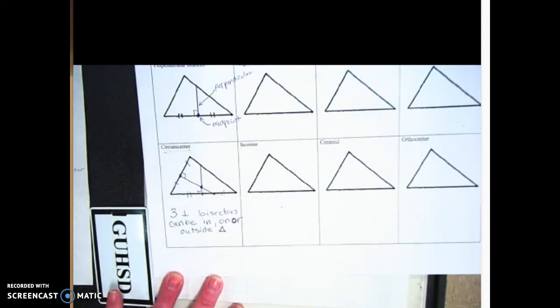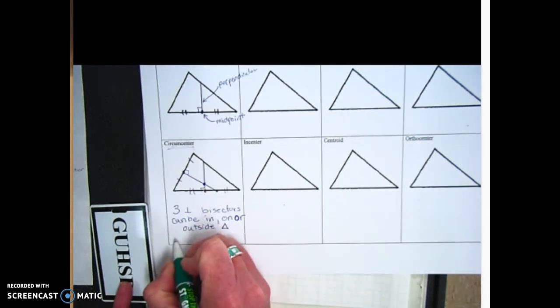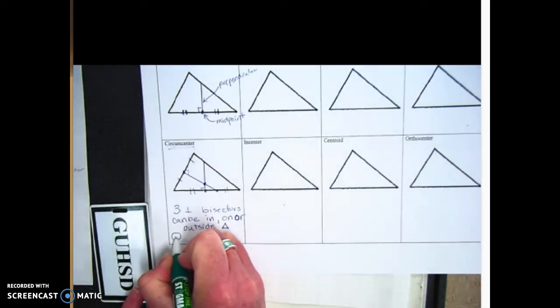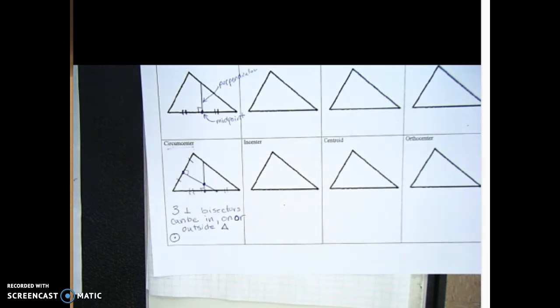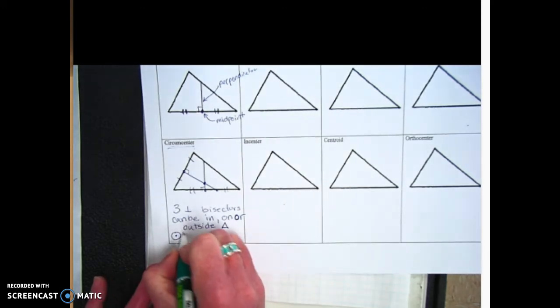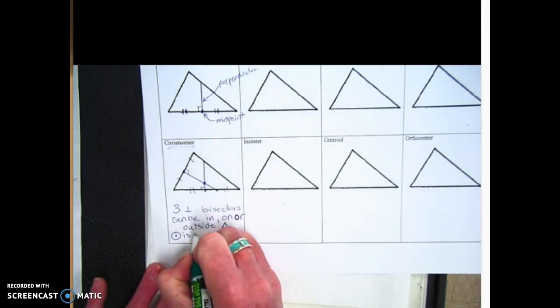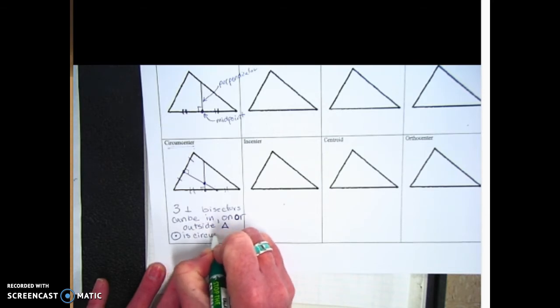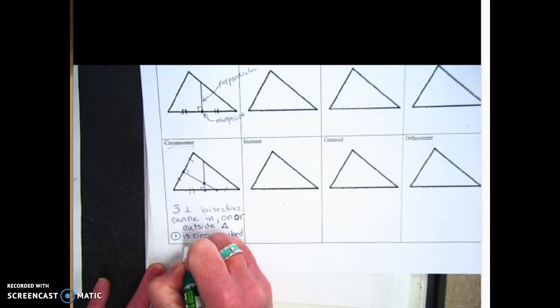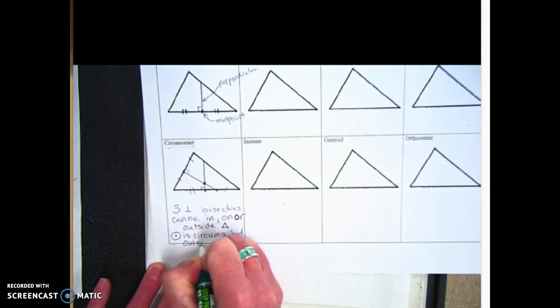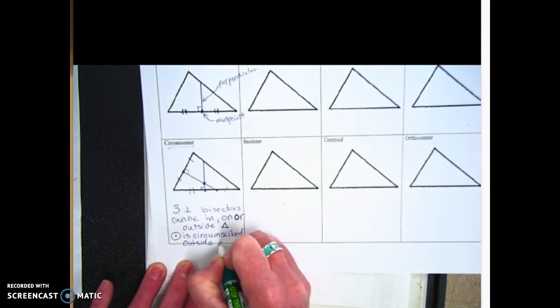Then what happens is you end up drawing a circle. This is the shorthand symbol for circle, and that circle is going to be what we call circumscribed outside of the triangle.